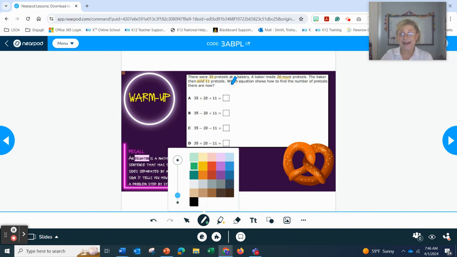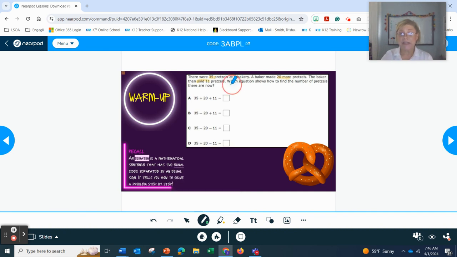What the question is asking us to do is to find which equation shows how to find the number of pretzels there are now. Now, please forgive my really bad line drawing. Is this question asking us to solve the equation? While that would be lovely, it technically isn't asking us to solve it.